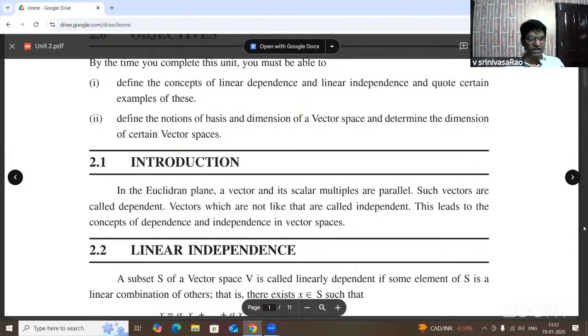Especially in the last two classes, we discussed characteristic roots, characteristic vectors and the Cayley-Hamilton theorem. Some problems were practiced based on the Cayley-Hamilton theorem, because that is one of the important theorems, especially in the fifth semester examinations.